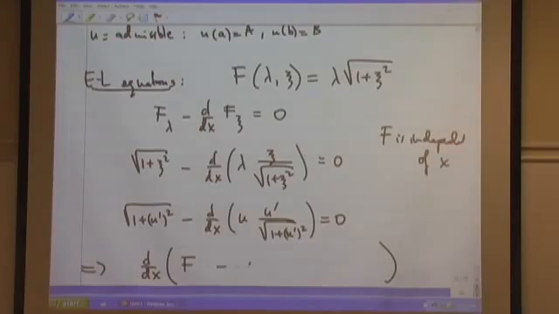It was f minus u prime, well, u prime was xi, f xi, so f minus u prime xi f xi equals 0. And of course, this was evaluated at u of x, u prime of x.